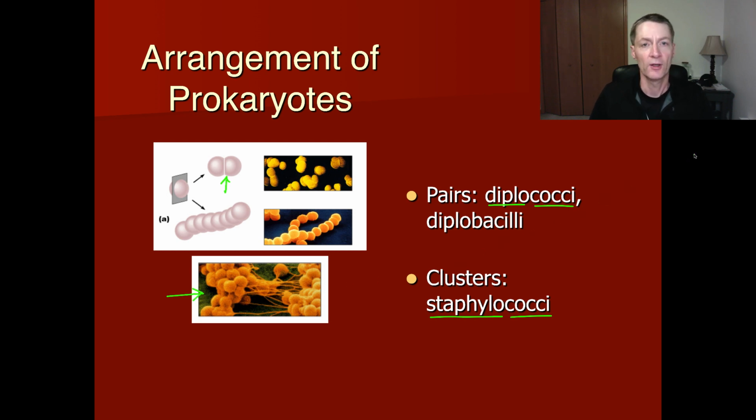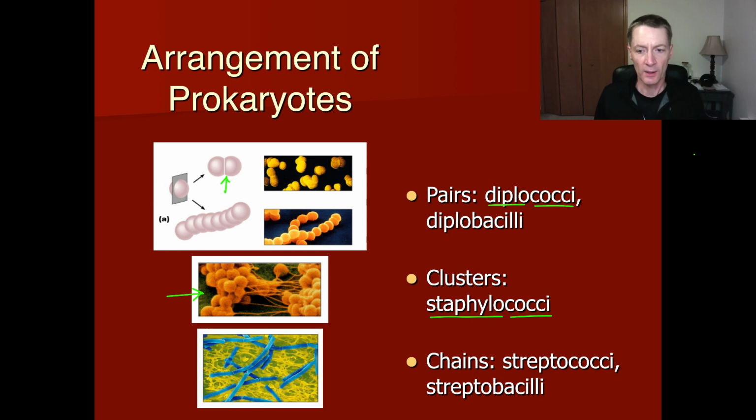And in fact, some genus names of bacterial groups actually use this as their name, right? So Staphylococcus tells you a little bit about that entire group, that entire genus group of organisms, okay? Finally, we run into streptococci or streptobacilli, where these organisms will group up in chains, all right?